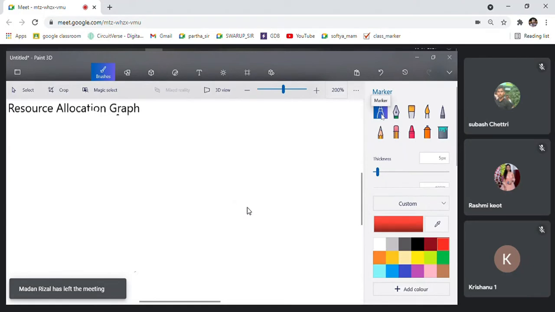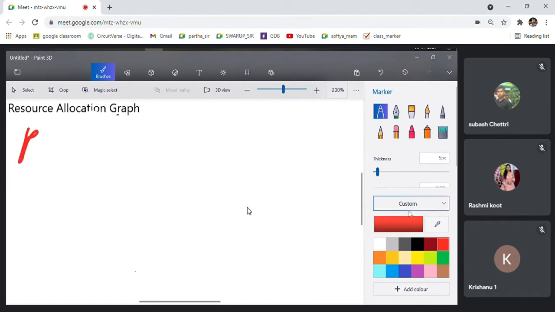Let us say I have a set of processes P. I have three processes, P1, P2, and P3, submitted for execution.